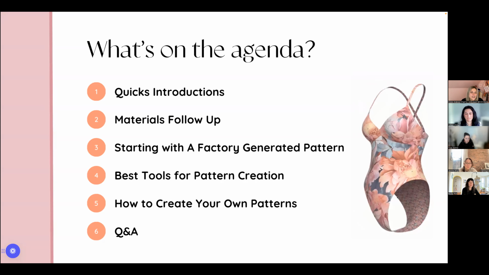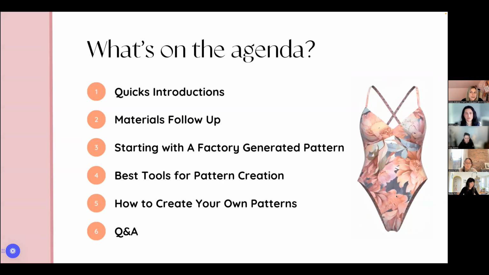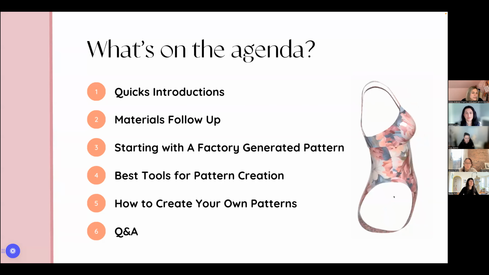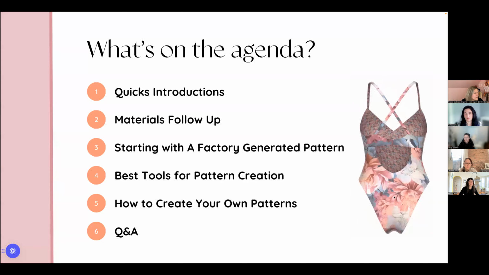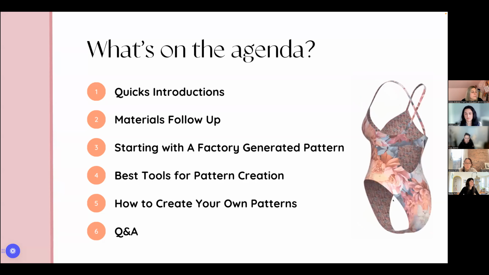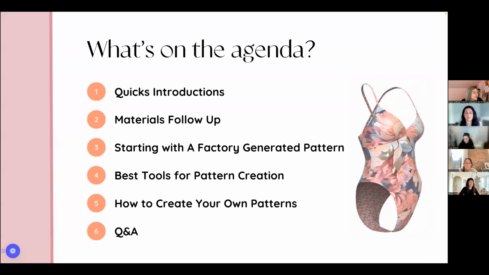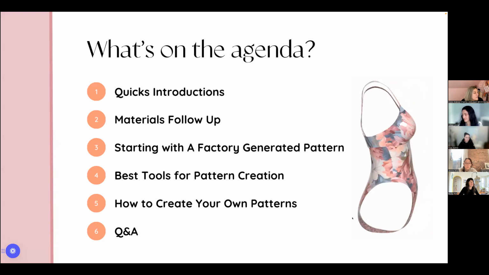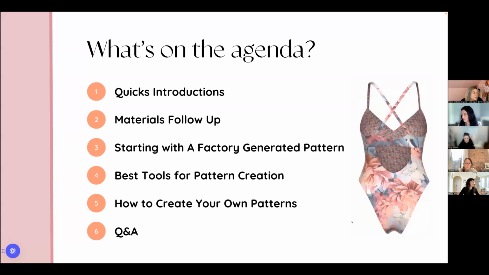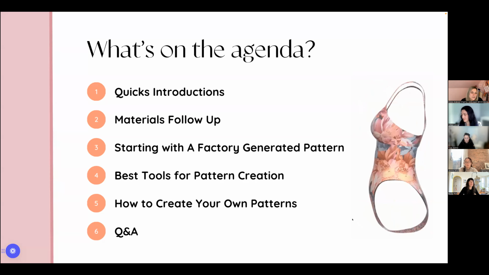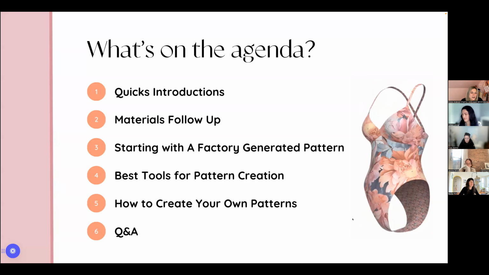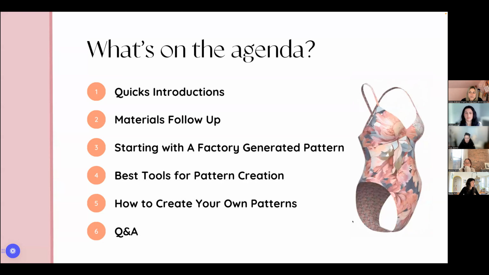I want to run through quickly what we're going to talk through on the agenda today, to give you some reminders. We'll walk through our quick introductions on the next slide. We are going to talk real quick about materials and give you some updates based on questions we got in the first week.